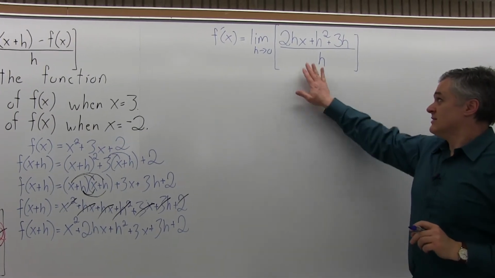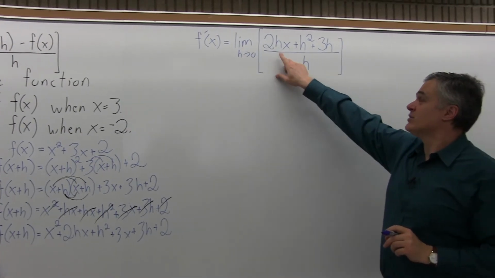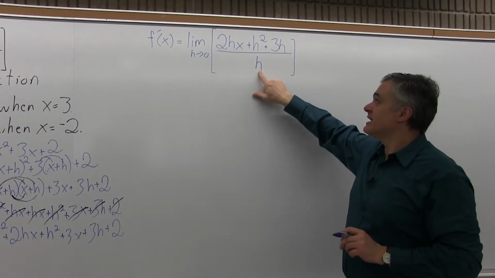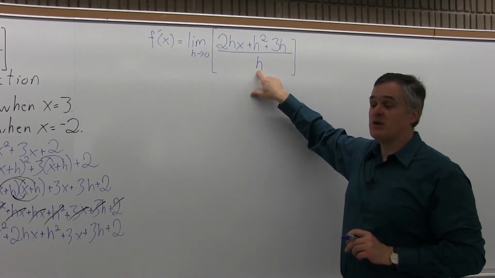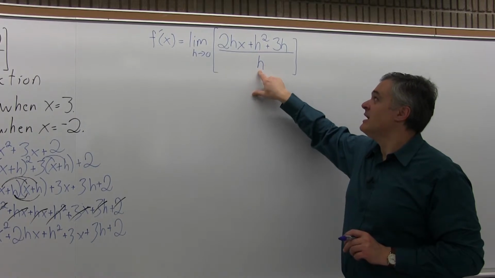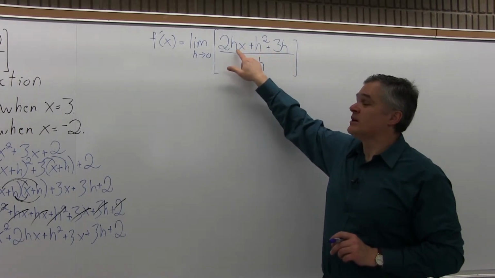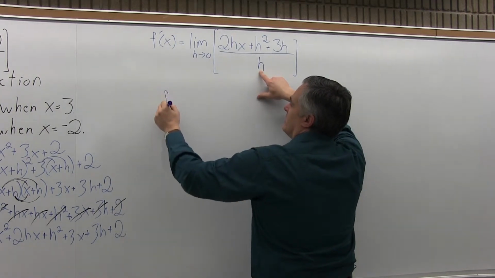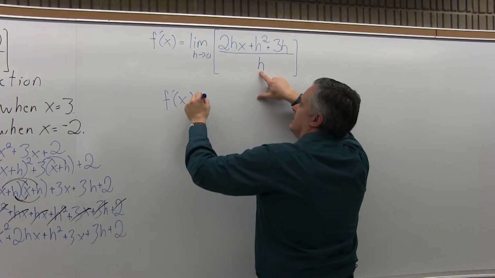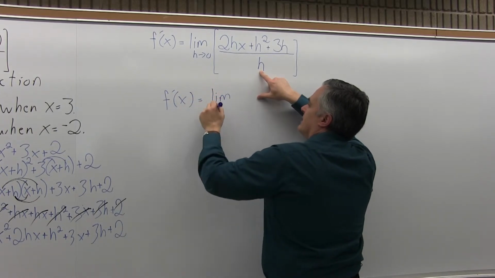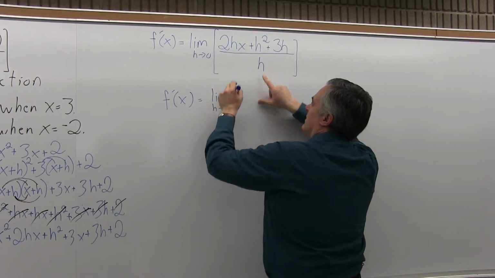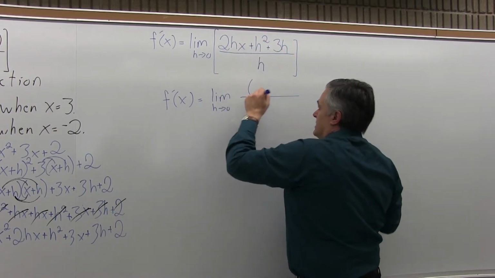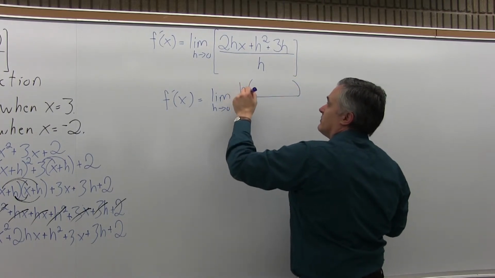Now I have to take this limit, the limit as h approaches 0 of 2hx plus h to the second power plus 3h over h. Again, I still have that problem of the h in the denominator, which will zero the denominator. But now every piece in the numerator has an h. I can factor that h out and use it to cancel the h in the bottom. So now f prime of x equals the limit as h approaches 0 of, if I take an h out in front, I'm going to make some parentheses, pull an h in front of the parentheses.